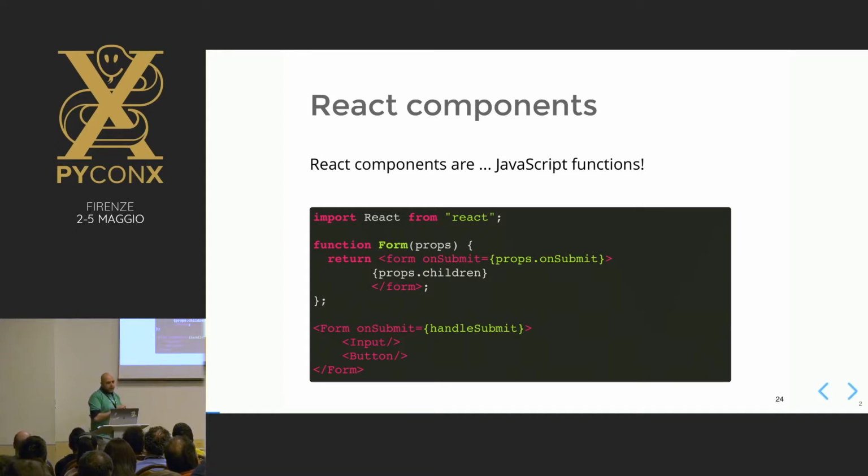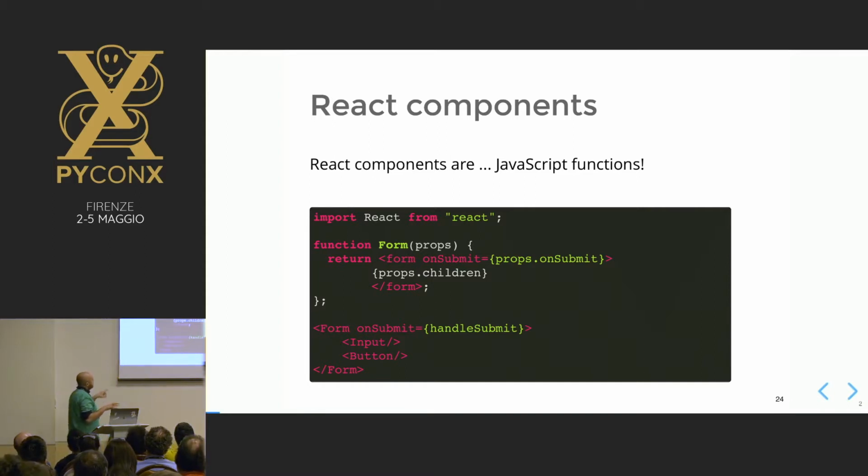Here we have a form component which takes some props. Since the form has to handle the submit event, I am passing a function from the outside. Of course, I didn't have too much space inside this code, but imagine that this handleSubmit is a function. So we can return our form, which takes props. Why is React composable and reusable?